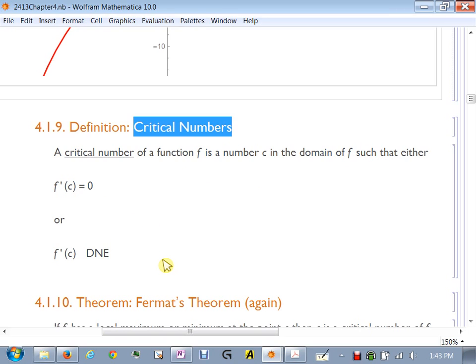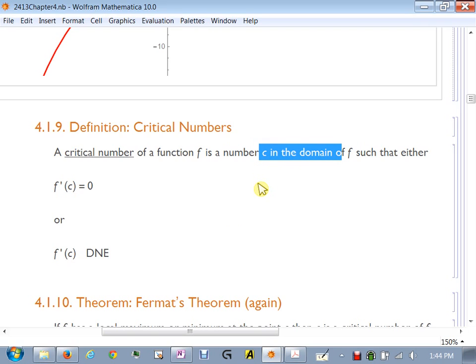Either the derivative at that point is 0 or the derivative does not exist at that point. So if you have a curve and you're finding places where the slope of the tangent line is 0 or where the slope of the tangent line doesn't exist, then wherever that happens is called a critical number of the function. You must be looking at a number that's in the domain, okay? If the number's not in the domain of the function, you can't even talk about it being a critical number.